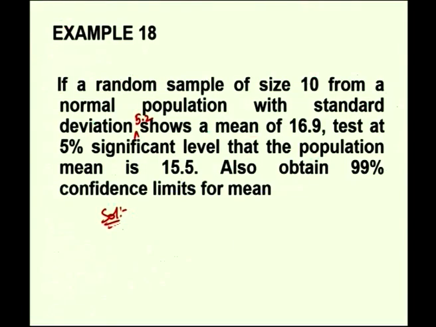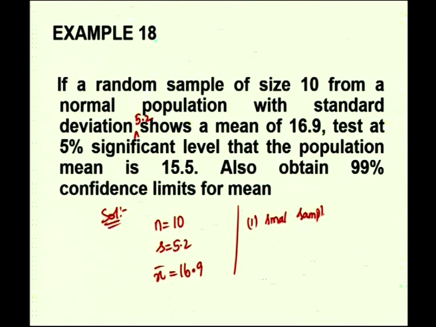First of all, let me write down all the values. N is equal to 10 and S is equal to 5.2 and X bar is equal to 16.9. And the identification says it is a small sample first, then it is a mean test, and third, it is a single mean T test.